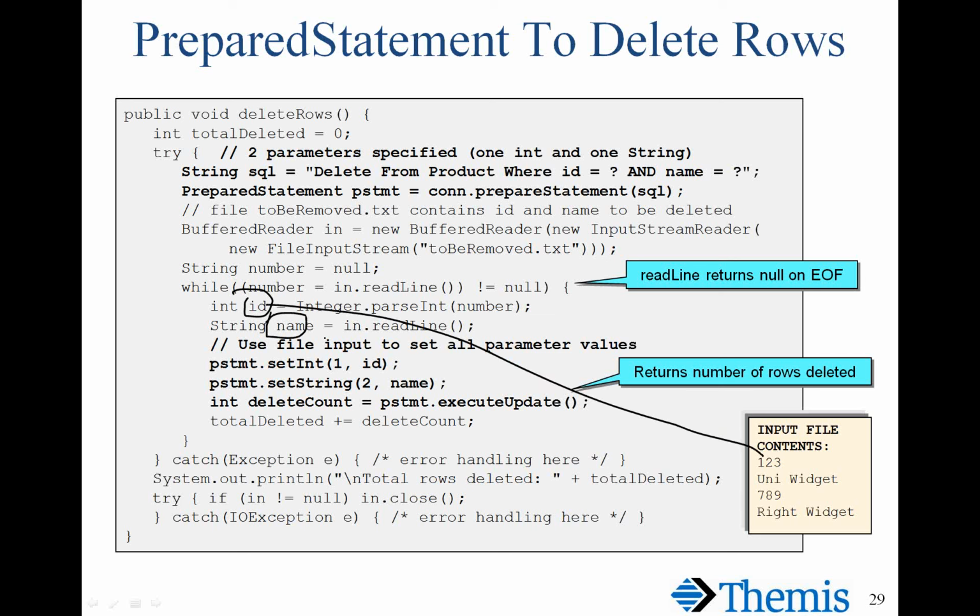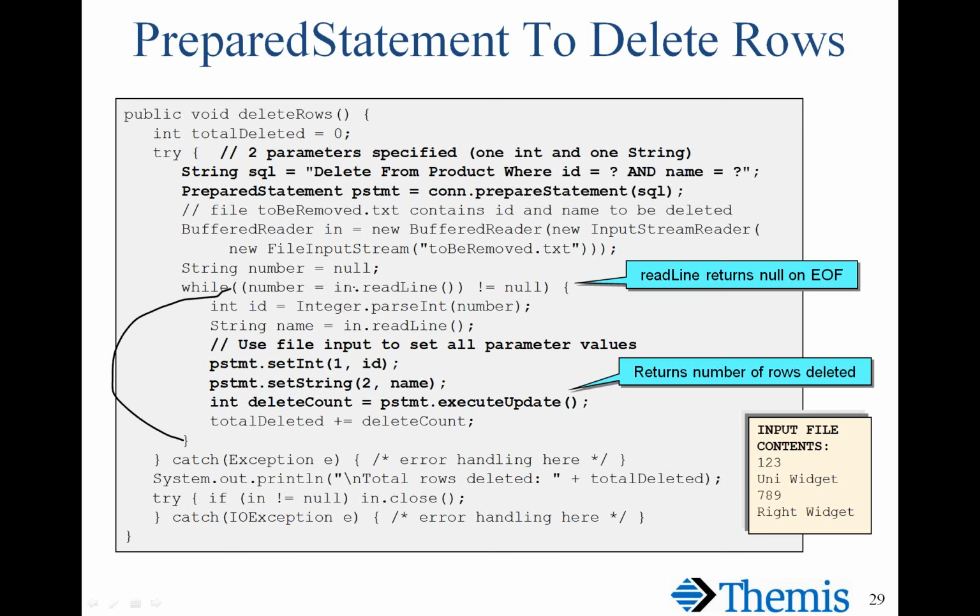which for the first 2 rows of the file contain those values, which are then used to set the question marks in the prepared statements and execute the update and keep track of how many rows have been deleted.